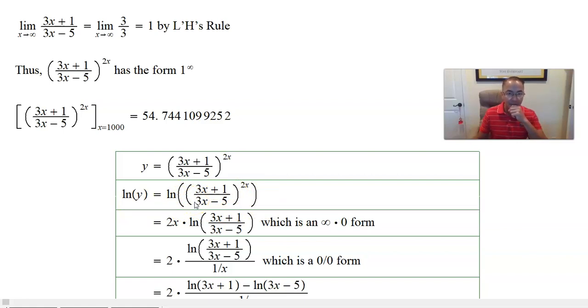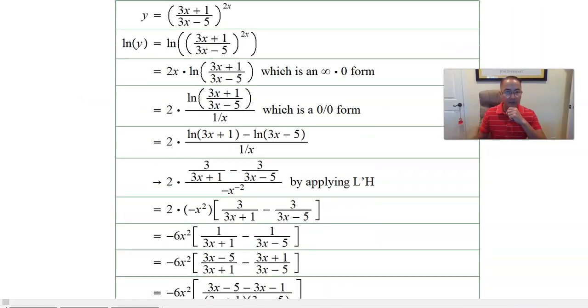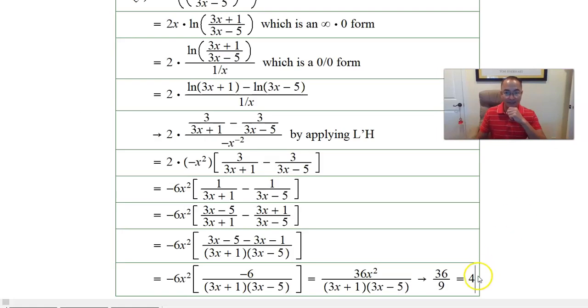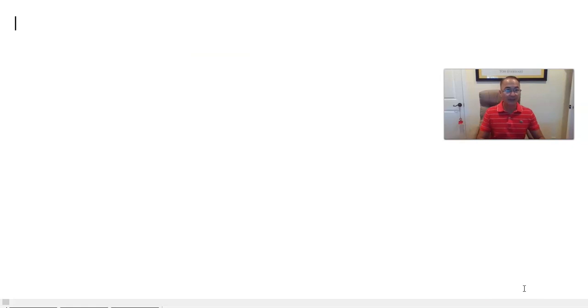So algebra, ln of y is approaching 4. What did I tell you? It knocked me out of the screen. So bottom line, ln of y is approaching 4. So I need my arrow.